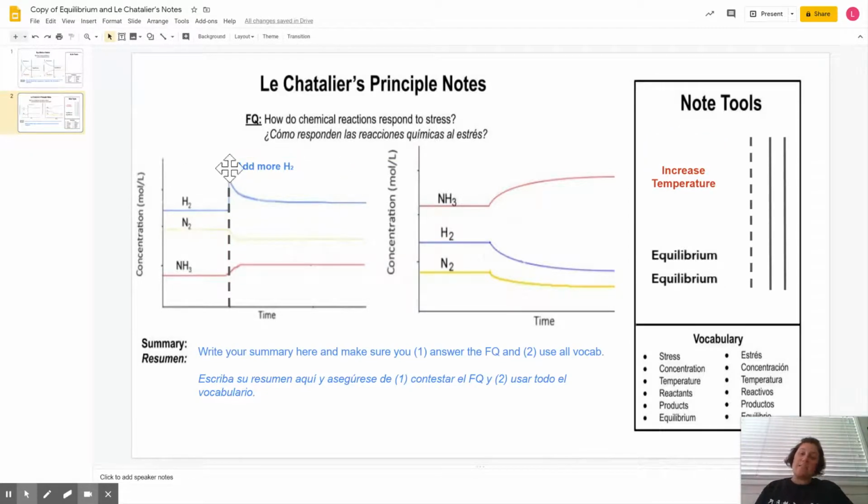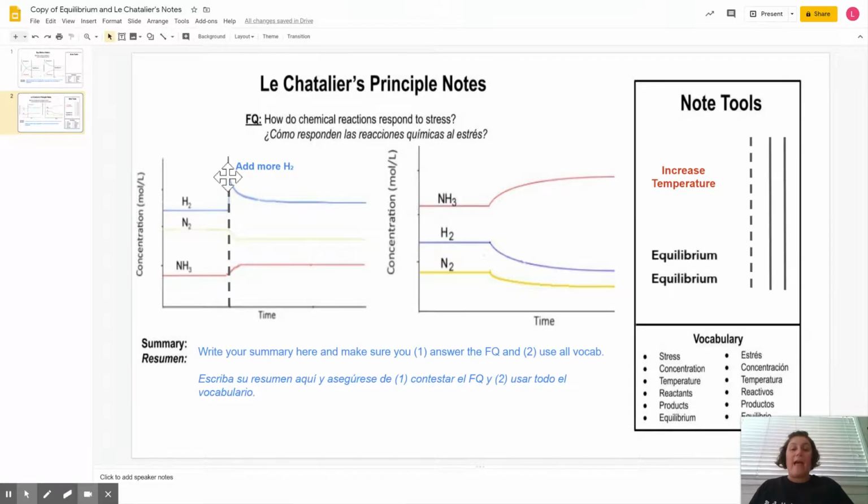So as you can see, that's going to get all of these concentrations to change. As the reaction happens, you see that the amount or concentration of hydrogen decreases. Now, while the concentration of H2 is decreasing, we see here that the N2 is also decreasing, but the NH3 is increasing, okay?